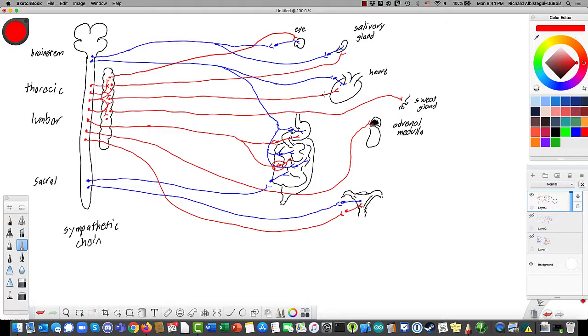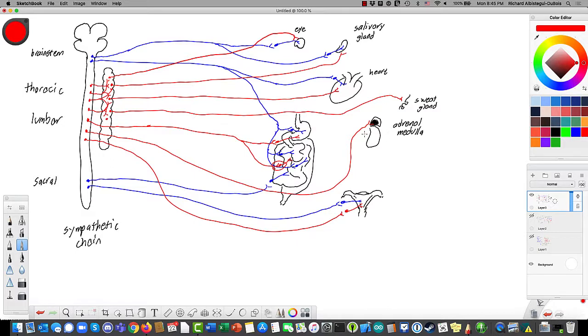The sympathetic chain mostly synapses onto a chain of ganglia next to the spine, and then the postganglionic cells go from there, with some exceptions. The ones that go to the abdominal organs, some of those just go through there and synapse onto ganglia close to abdominal and pelvic organs, and one pathway where the preganglionic cell just goes straight to the adrenal medulla.